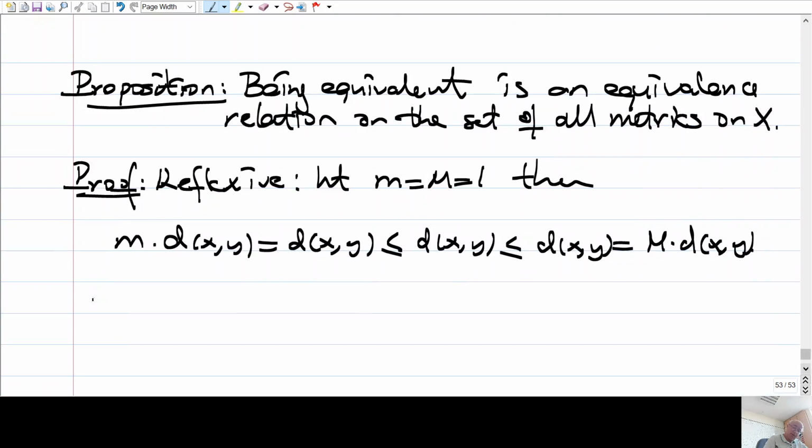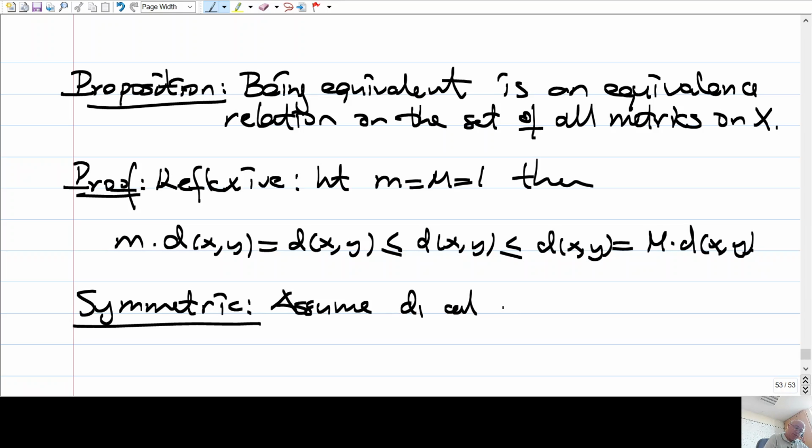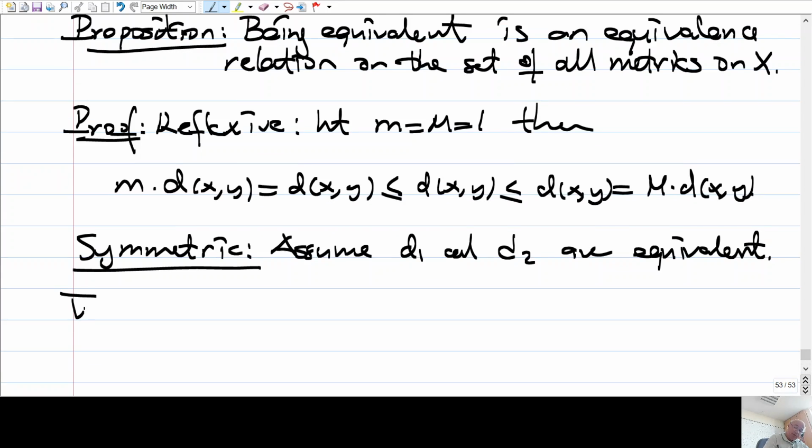Now let's see whether this is symmetric or not. So assume d_1 and d_2 are equivalent. Then what is the definition?